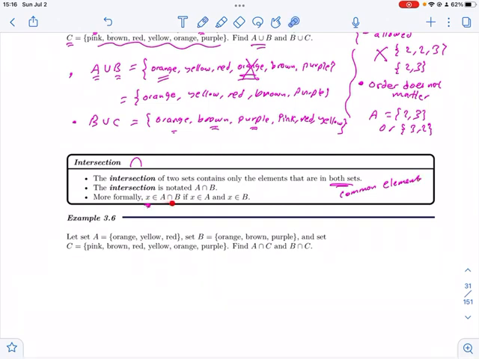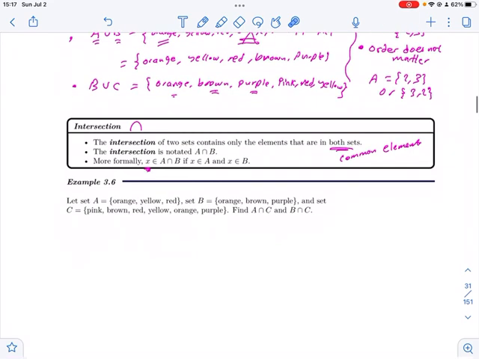Let's take an example. Let set A consist of orange, yellow, and red colors, B consist of orange, purple, and brown, and set C consist of pink, brown, red, yellow, orange, and purple.